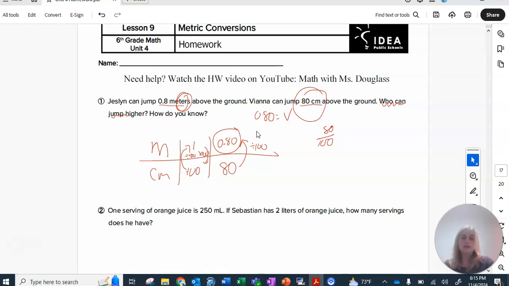Wow, that looks an awful lot like Justin's number. Who can jump higher? Aren't they tied? So then your final step is to actually write me your answer. Both girls can jump just as high. 0.8 meters equals 0.80 meters. They are the same. Something like that. I'm not writing it for you, but I do expect to see it written on your homework when you turn it in.